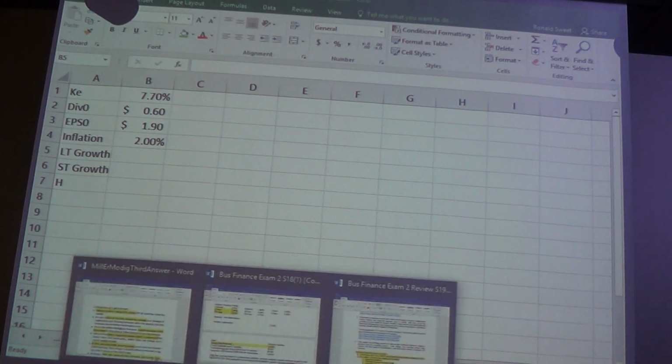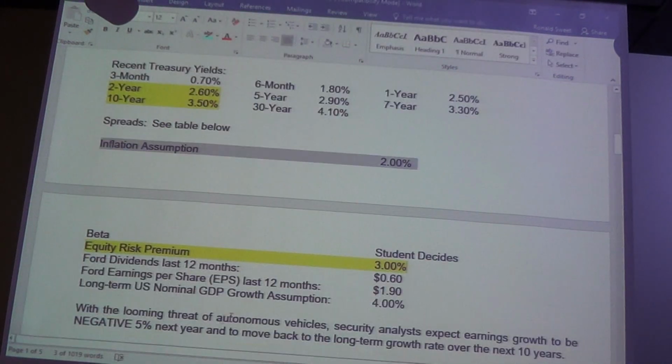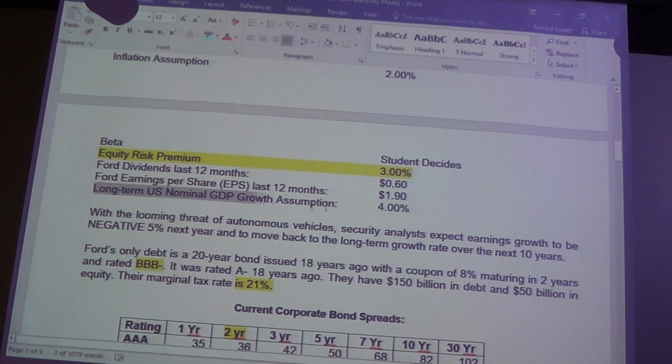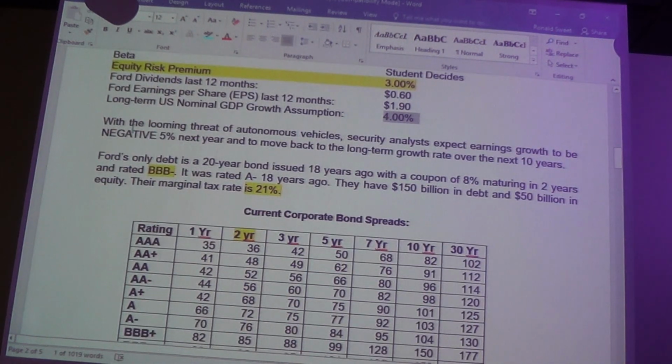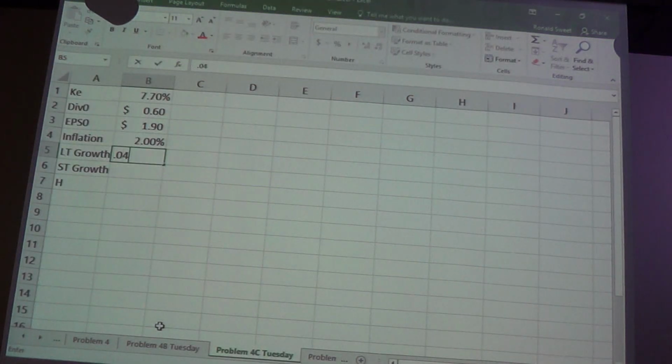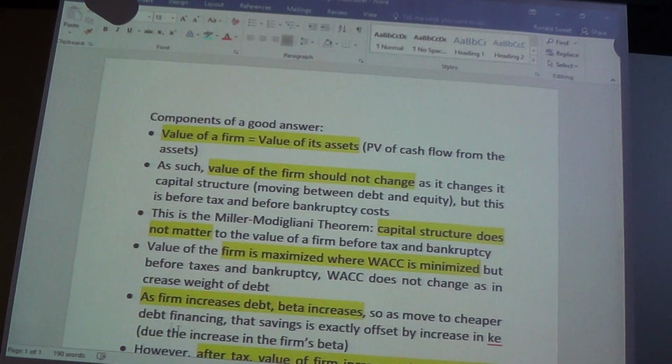Long-term growth, short-term growth, and H. Our long-term growth is 4%. And our short-term growth and H is given in a paragraph right here.